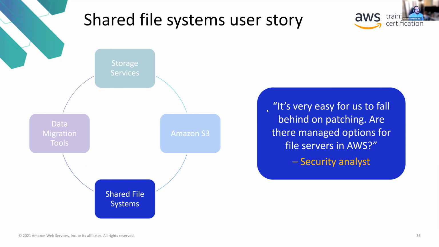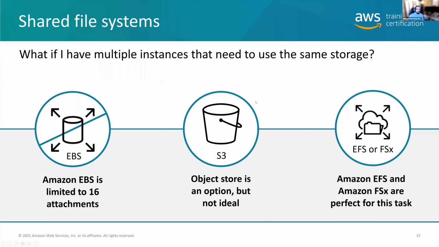Now, with shared file systems, EBS volumes are limited to a single availability zone, and you can have up to 16 attachments to a single OS. Object store could be an option, but not if you want any kind of performance from it.